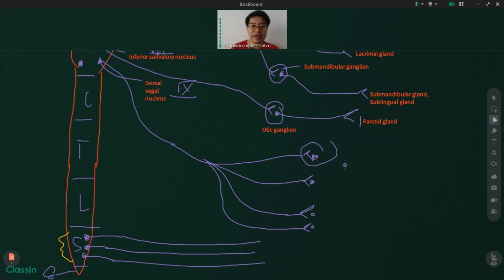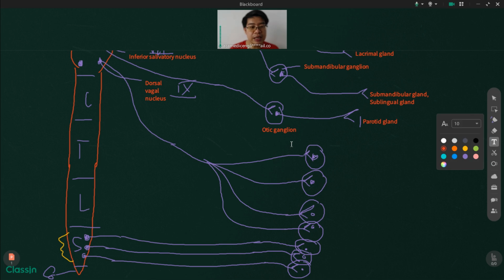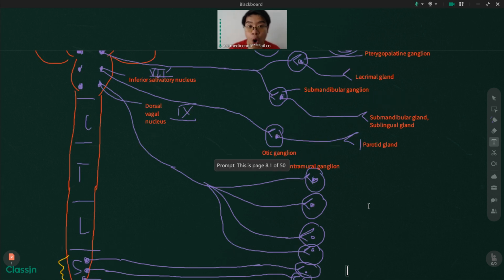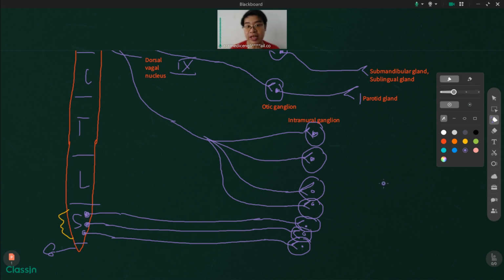All of these ganglia from here, here, here, and here, as well as all of these from the sacral going to pelvic organs, are also going to be known as the intramural ganglia. Why? Because they lie within the wall of the organ that they are going to innervate.